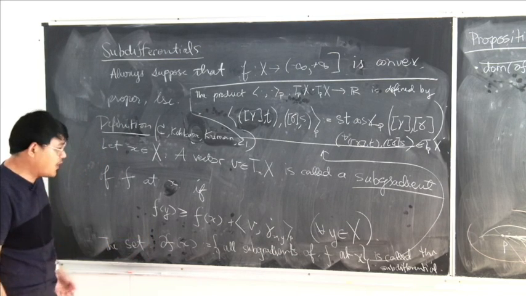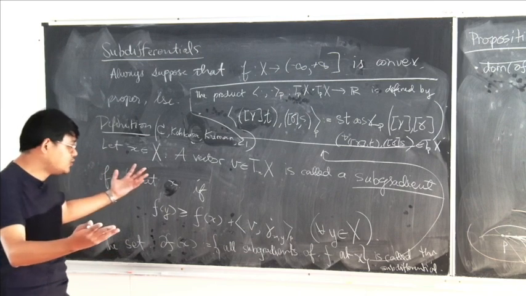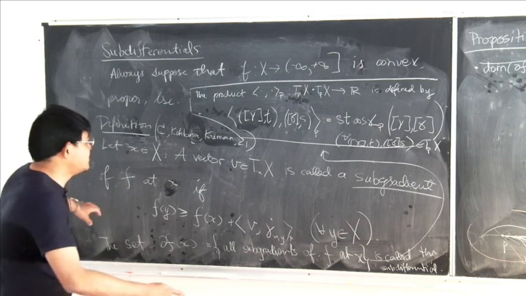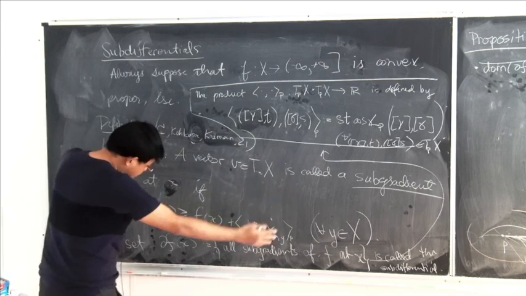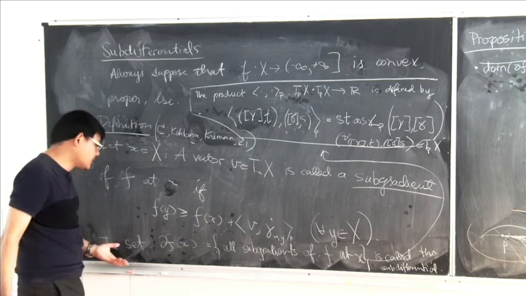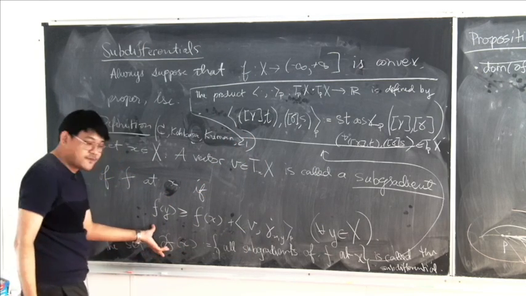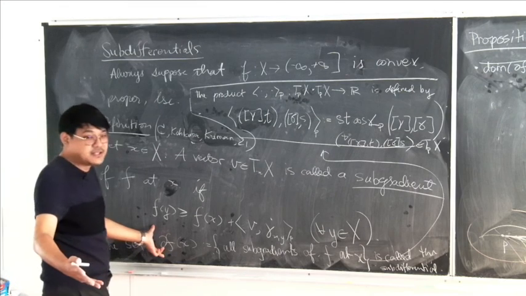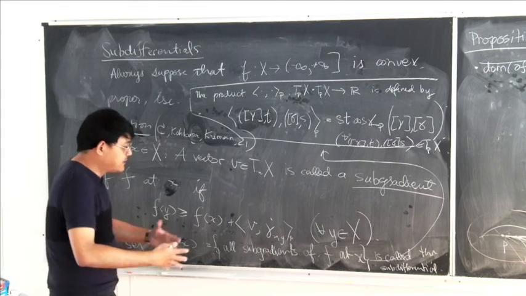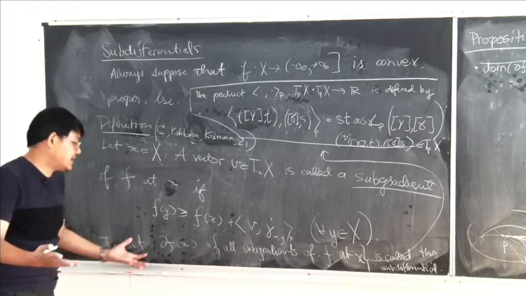And when you have an empty set, you've got nothing to work with. So we just need to make sure that the subdifferential is non-empty on a sufficiently useful set.